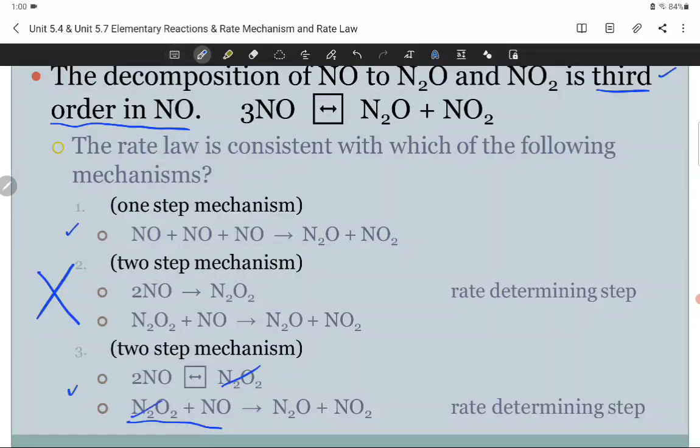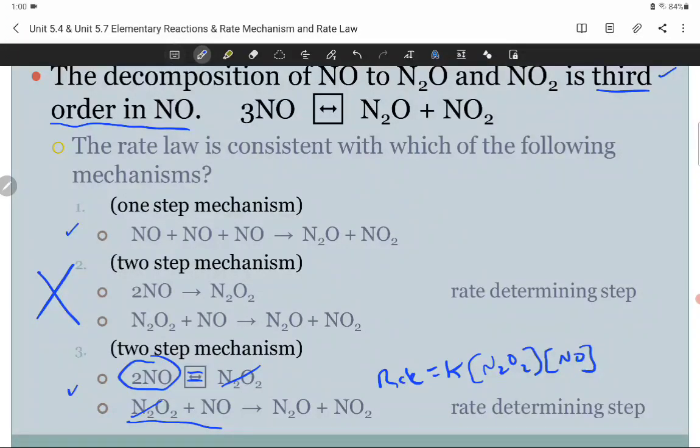Remember that we were able to cancel N2O2. So that's an intermediate. That means wherever we had N2O2, we're going to now substitute 2 NOs because they're equal. So the rate law from the rate determining step would have been that.